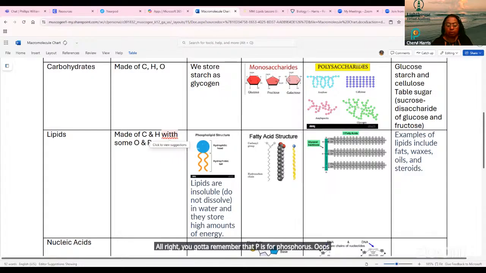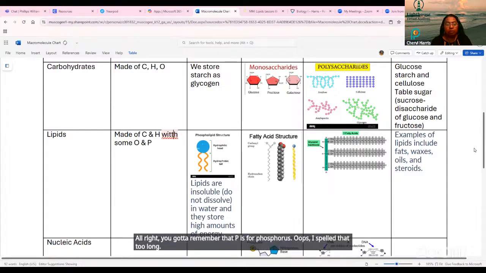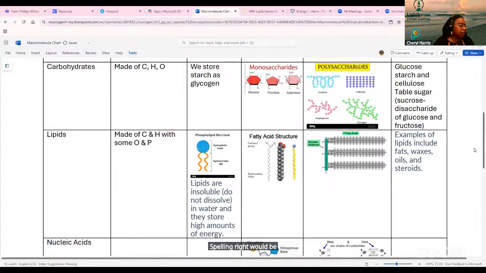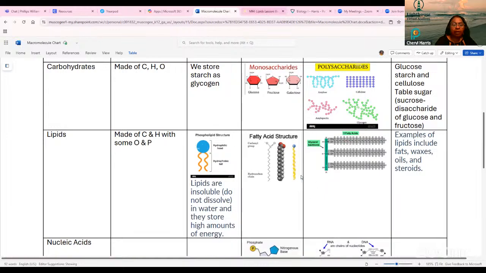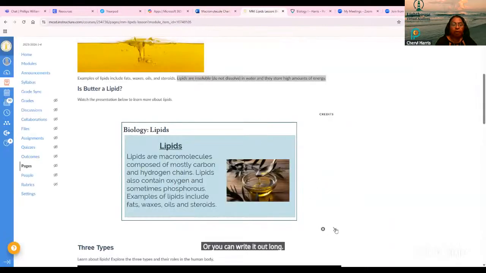Spelling right would be helpful. So you put that in your box, and you can shorten it just like I did, or you can write it out long. Now I'm going to hit my arrow and go to the next one.